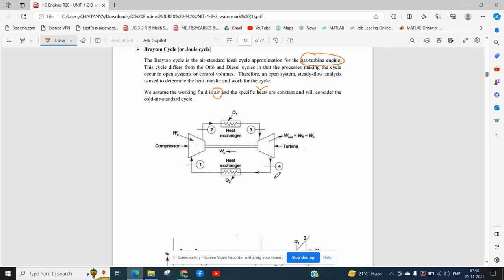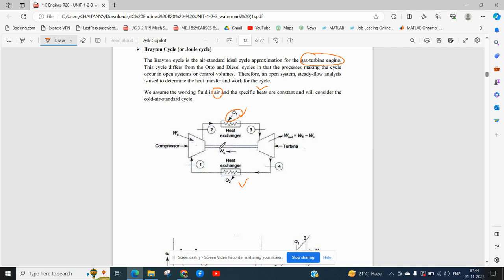In the simple Brayton cycle, this is the layout. The first component is the compressor, where the air gets compressed. There are two heat exchangers. In the first heat exchanger, heat is added in the form of Q1, and later a turbine is used to rotate the shaft, with the compressor and turbine lying on the same single shaft.